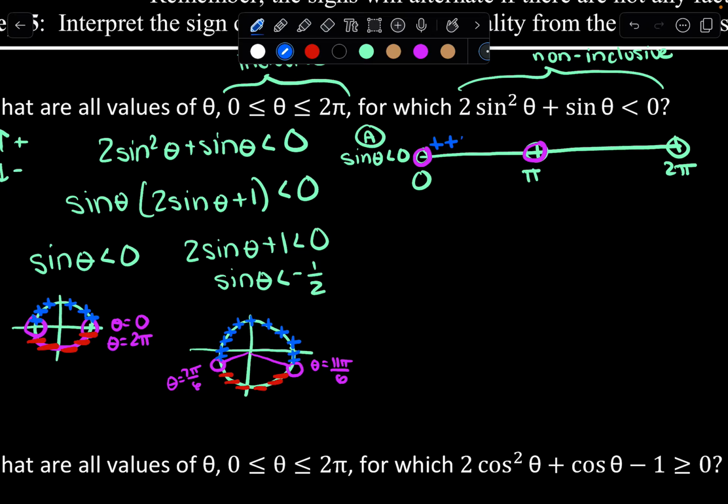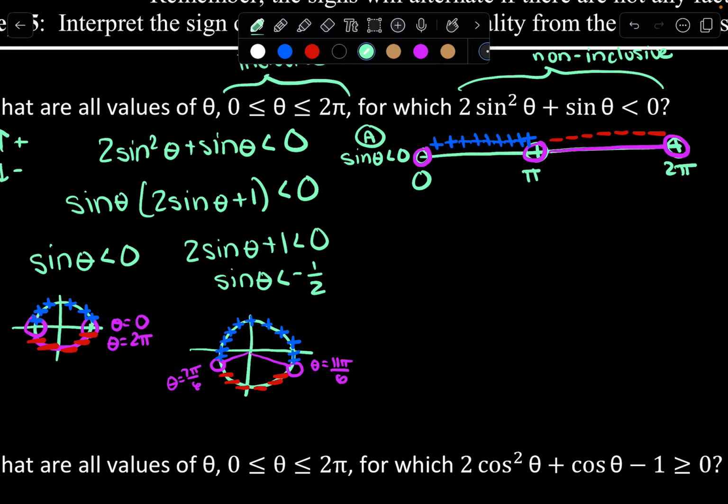And this interval from 0 to pi was greater than 0. And then once I hit pi, it switches to where it will be less than 0. And I highlighted it purple, so I'll do the same here. And then I have the non-inclusive 2 pi here. And then this is all less than 0, so we'll call it negative.